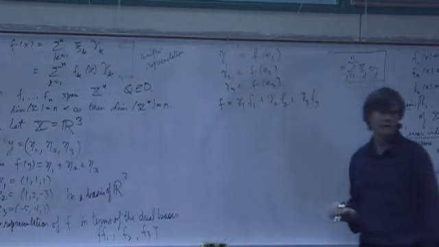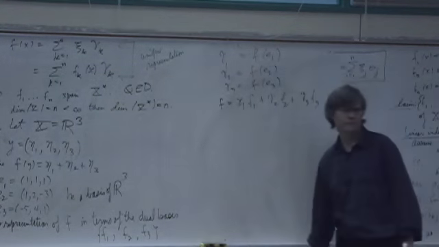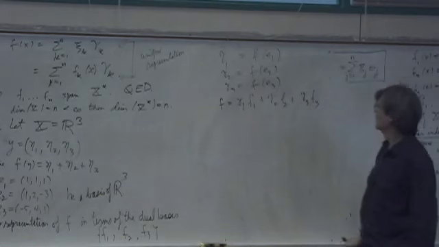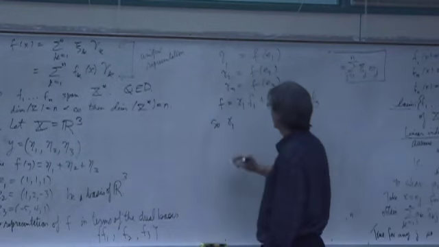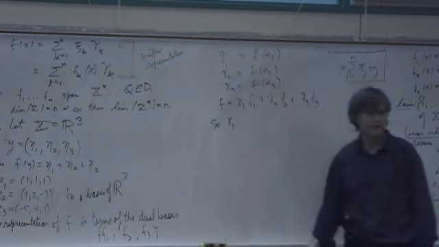So that's my prescription. So gamma 1, the coordinates of f relative to the basis. In other words, I have the coordinates.